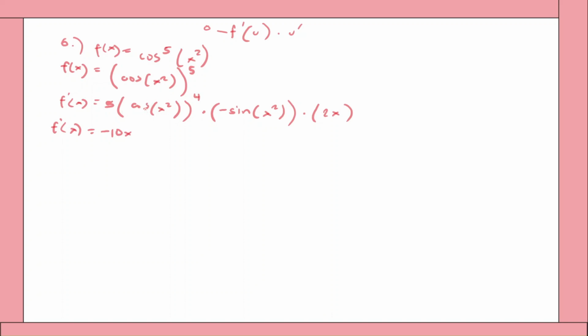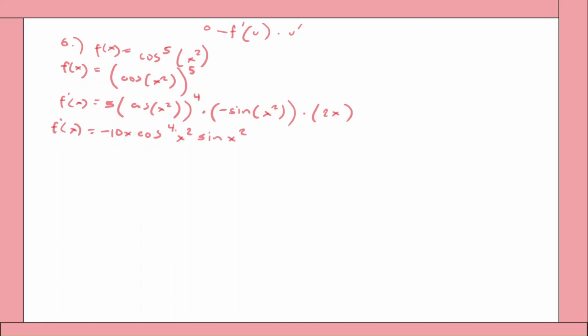So this is technically all right, but we usually want to rewrite it in the standard trig way. So we put the power back in the middle, just like how it was at the beginning. That would be cosine, removing the 4 and putting it in standard form, cosine to the 4th power of x squared, and then the same way we have the sine of x squared, and because we already dealt with the negative, we can just put that as the sine of x squared.